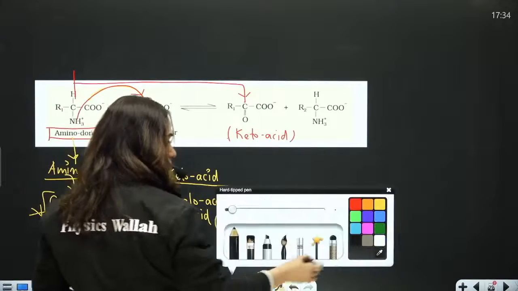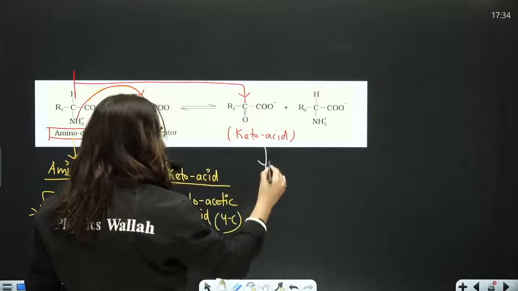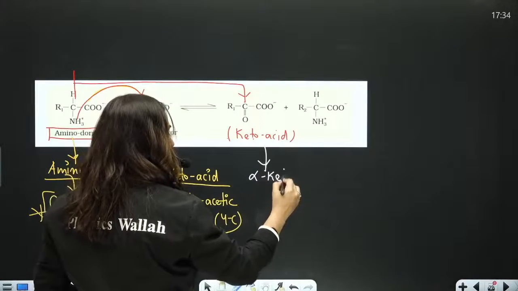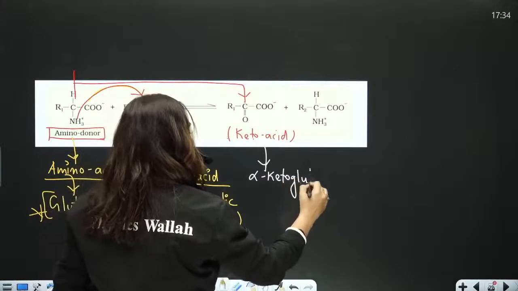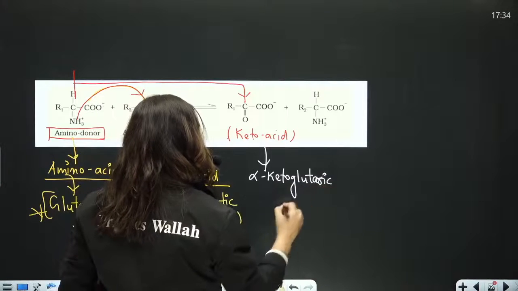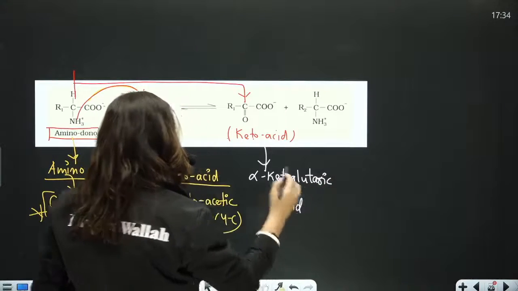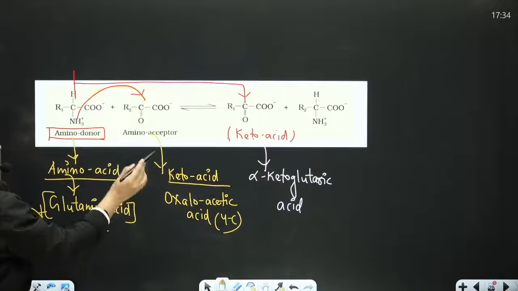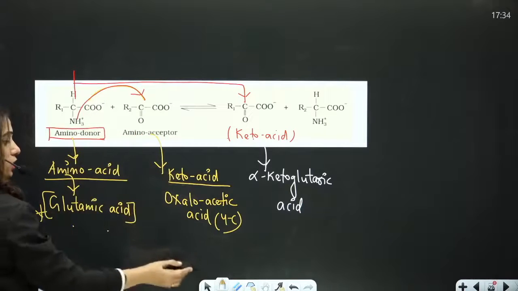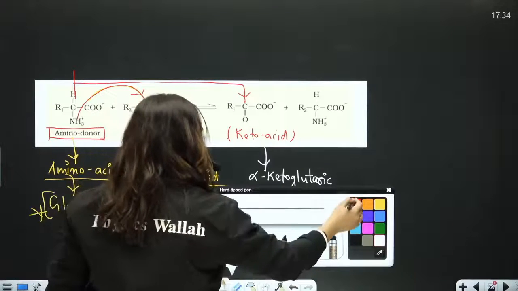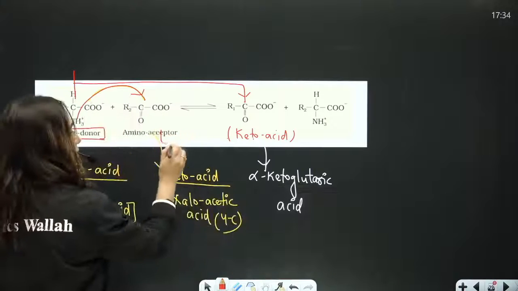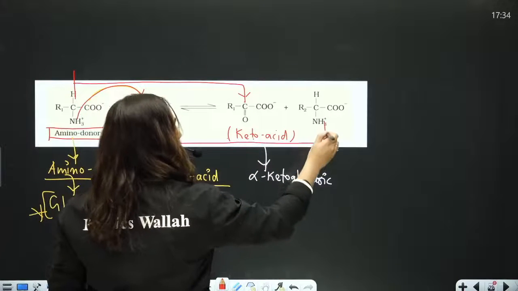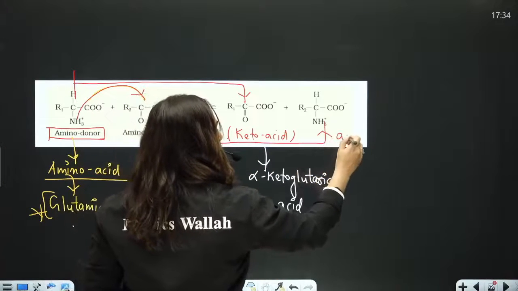And glutamate was formed from which keto acid? Alpha ketoglutaric acid. And this keto acid, as soon as it accepts the NH2 group from the amino acid, will get converted into another type of amino acid.